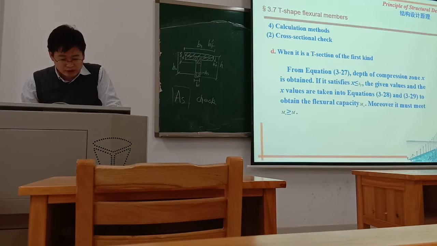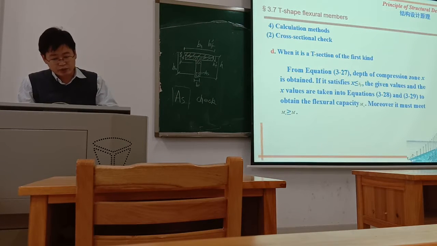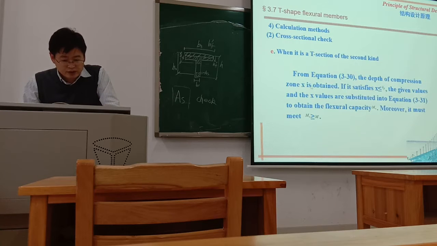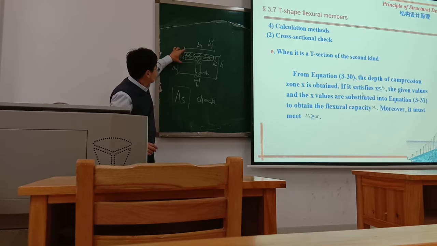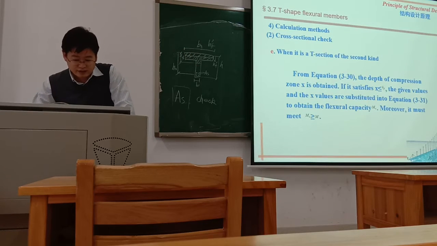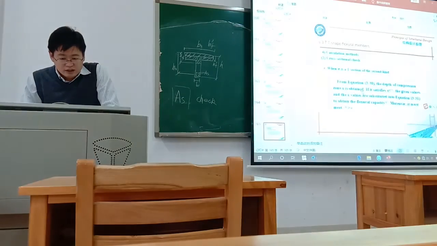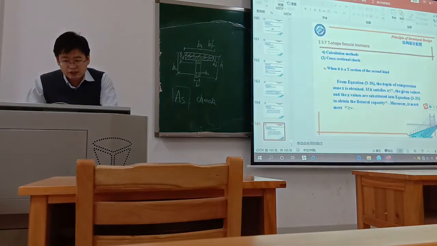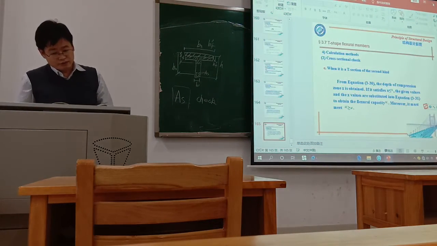We can use the basic equation to calculate the Mu. What is the second type? That means x is in here, so the equation is different. So this is the content for the T-shape.